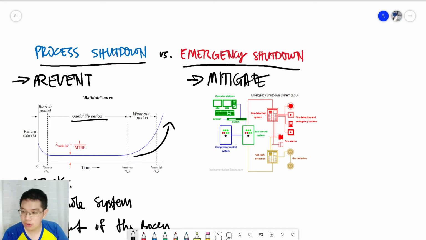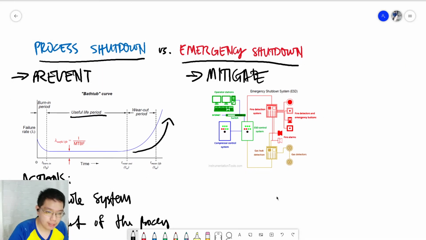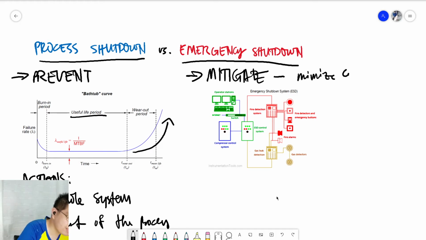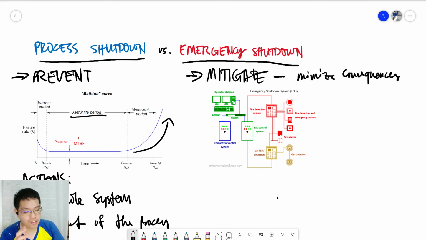Again, mitigate, in other words, to minimize the consequences of an emergency situation.